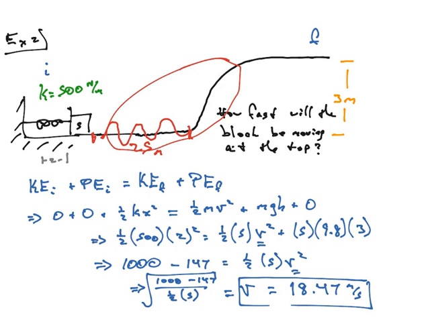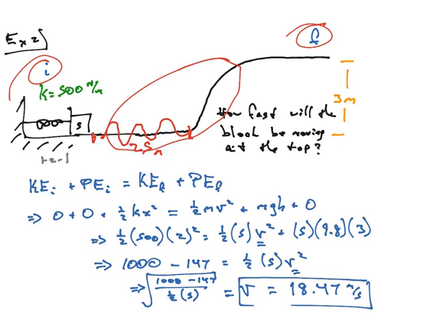None of it mattered. All that matters is what's your initial state and what's your final state. So don't be fooled if you read the question and there's all sorts of information about the middle of this hill, or it goes up a 2-meter high hill and then an extra 1 meter above that.